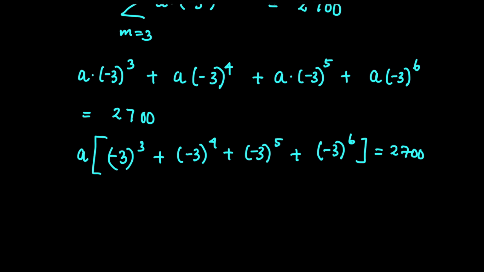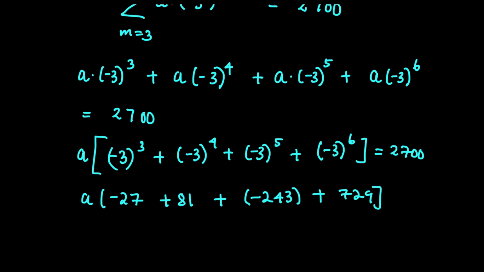So let's actually do that calculation. Minus 3 to the 3, that's minus 27. Then minus 3 to the 4th, that is 81, plus minus 3 to the 5th, that is minus 243, plus minus 3 to the 6th, that is 729.